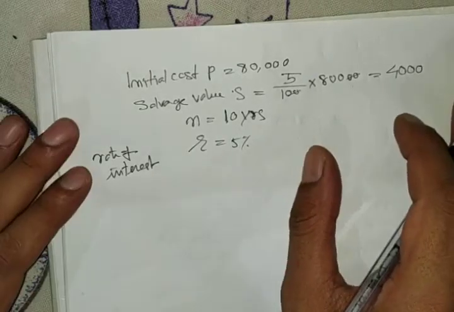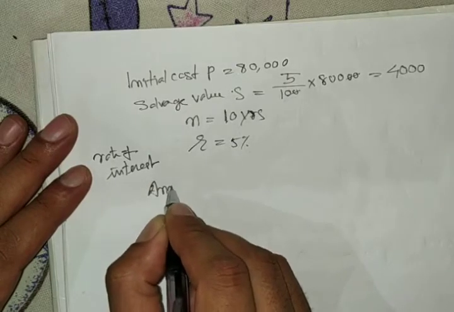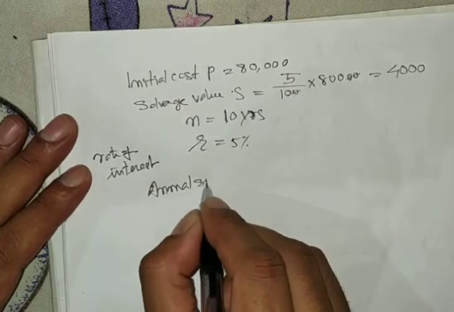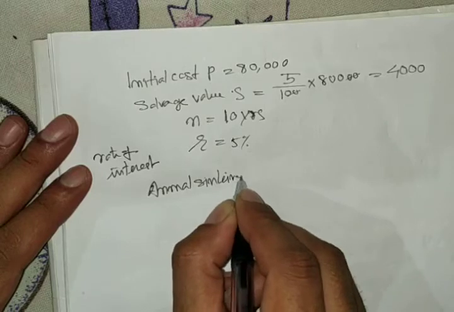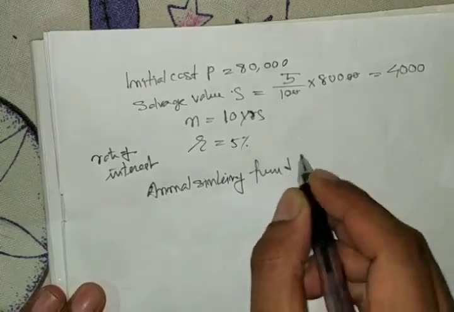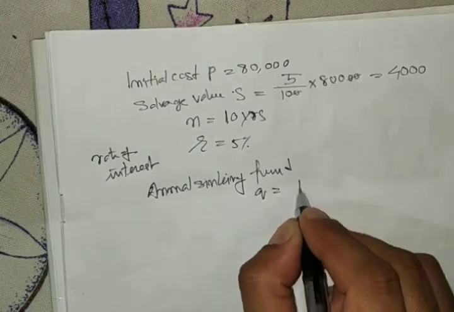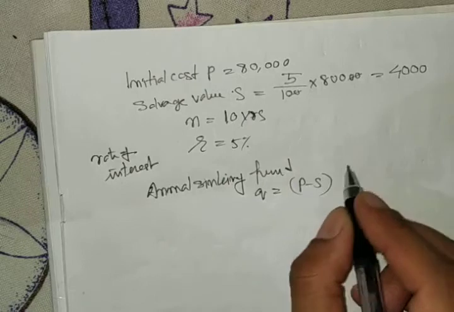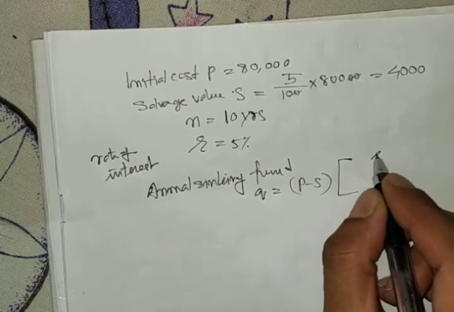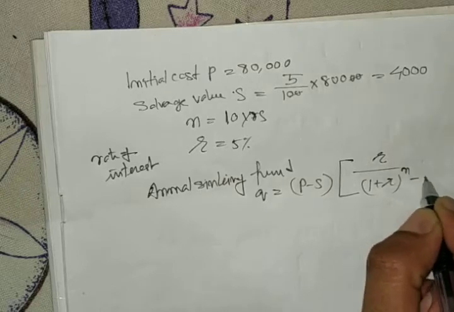Now you find out the annual sinking fund, that is your Q. As you know, this is (P minus S) into R by (1 plus R to the power n minus 1).